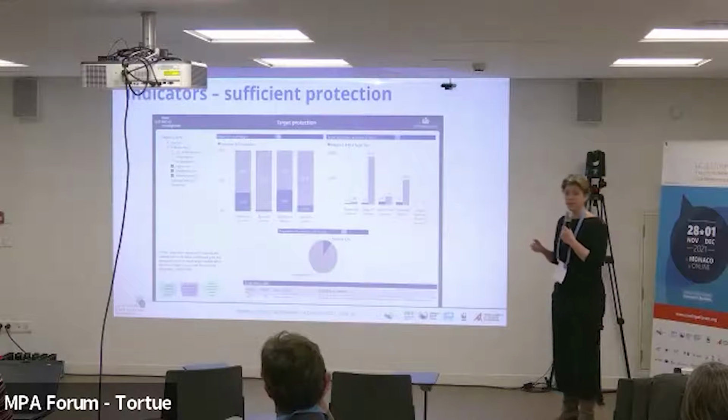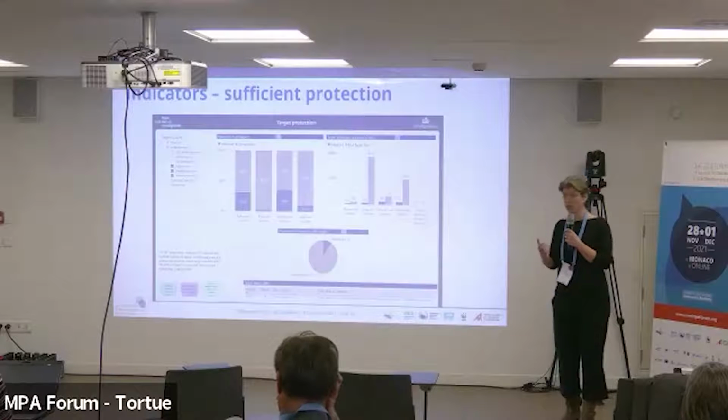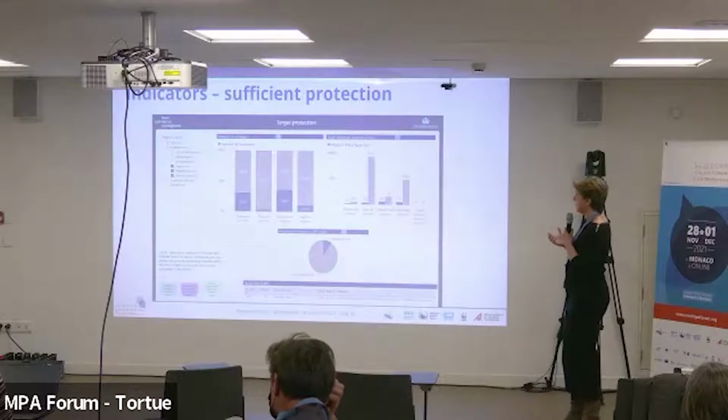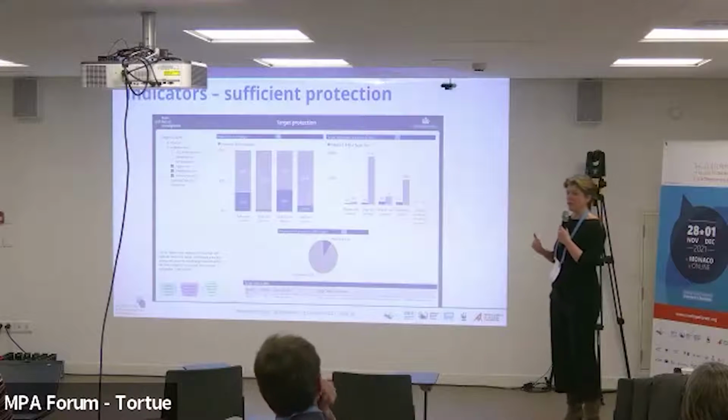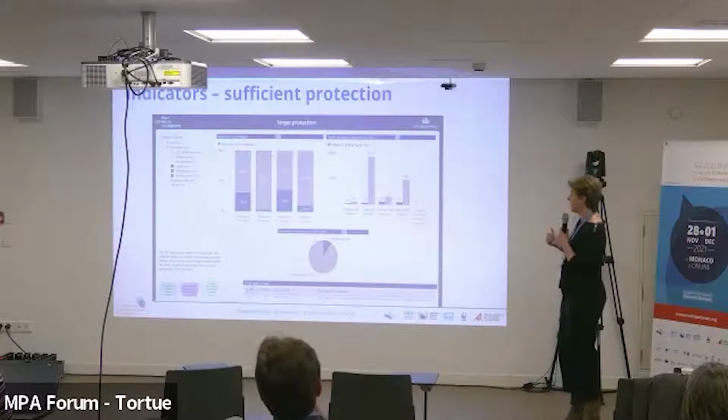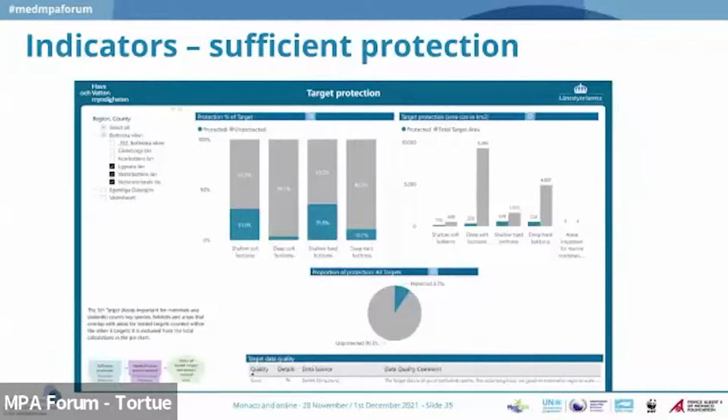We could imagine that you could beef that up and also look at, for example, having dashboards for the entire Mediterranean on different things like target protection. So here you talk really about marine ecosystems and species, and perhaps you can roll them up in units that are more logical for you than the deep and the shallow and the hard and the soft that we used in Sweden, but something similar.